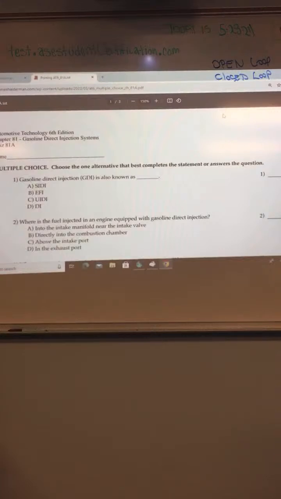Single barrel piston. We don't have full. We got 2 Cs in there.